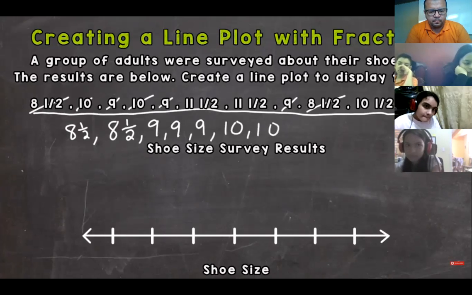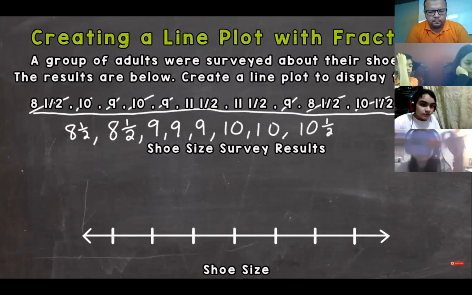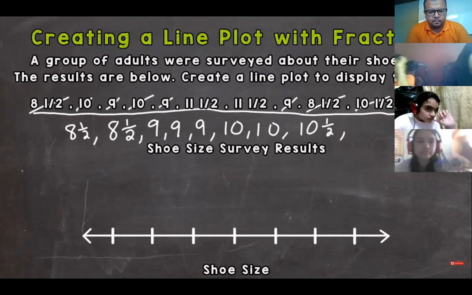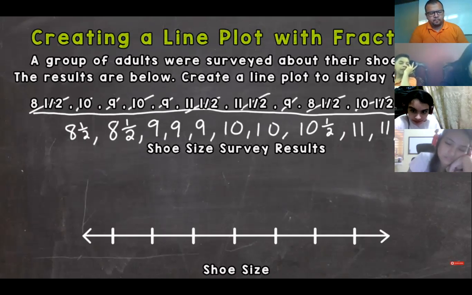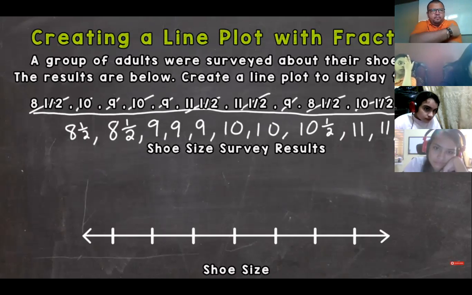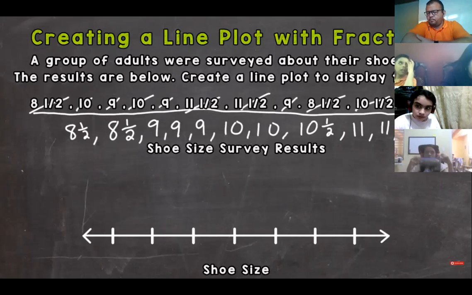And then 10.5, which we have 1 here. Then 11, which we have 1, 2. And then 11.5, we have 1, 2 for that as well. Okay, so we have our data in order from least to greatest.